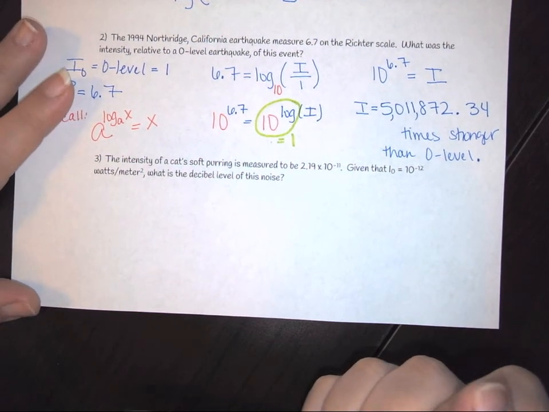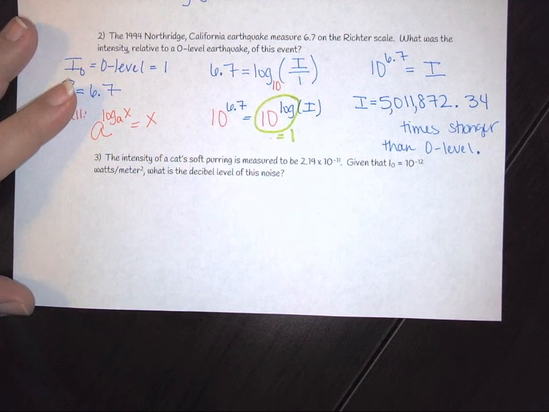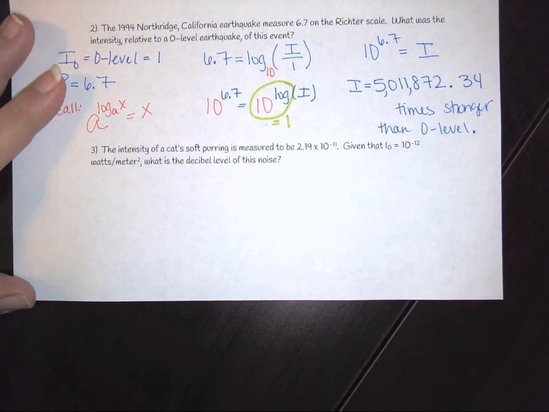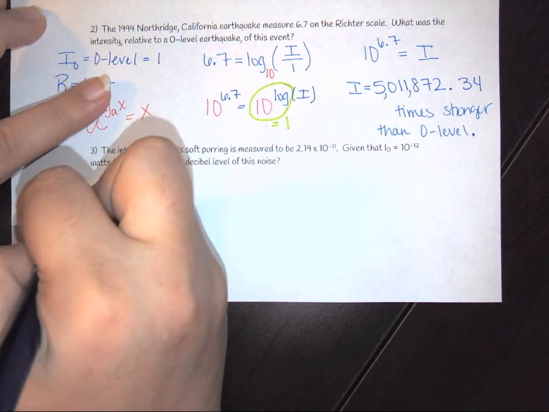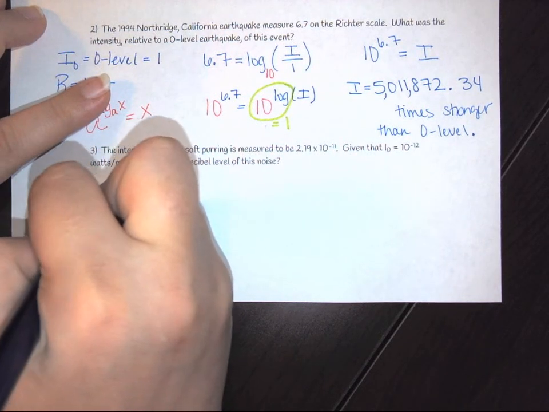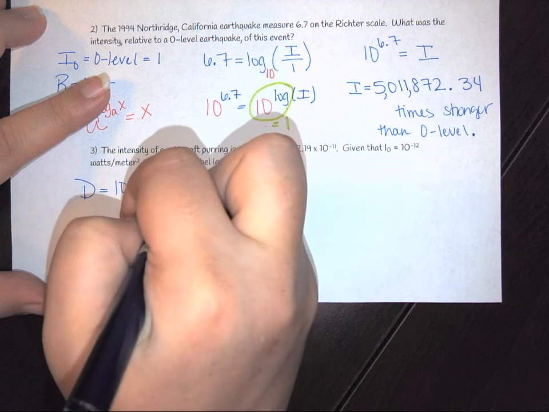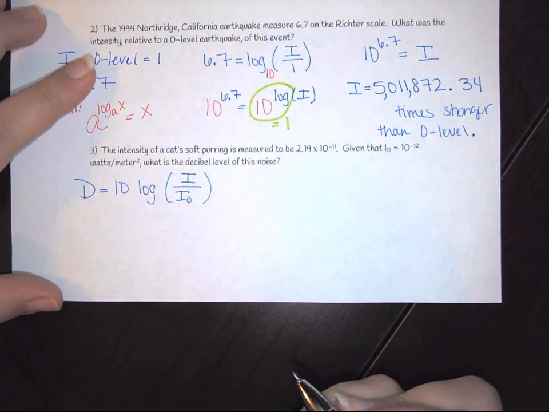Now the last one we have says the intensity of a cat's soft purring is measured to be 2.19 times 10 to the negative 11. Given that I naught equals 10 to the negative 12 watts per meter squared, what is the decibel level of the noise? So here I've got D is equal to 10 log of my intensity over the I naught.